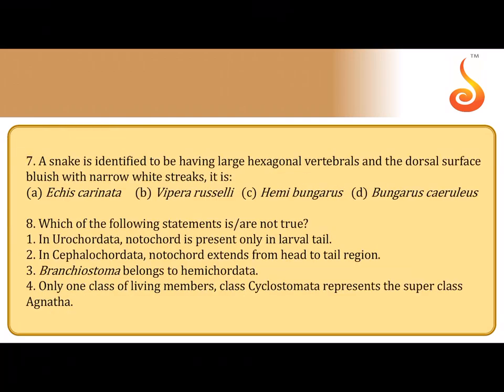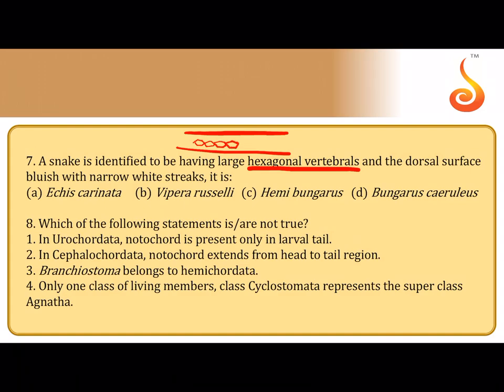A snake is identified to be having dorsal hexagonal scales. So on the back of the snake, you can find hexagonal shields on the back of its body, and such hexagonal shields are a feature of Bungarus ceruleus. Okay, so Bungarus ceruleus is commonly called the krait, and Hemibungarus is the coral snake.